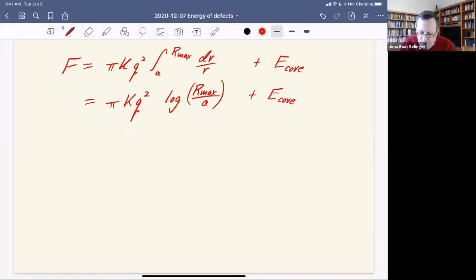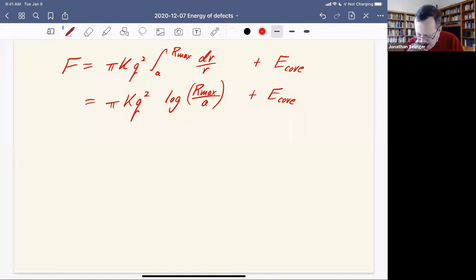So this free energy depends on the whole size of the system. It might seem funny to think that the defect energy, the energy associated with this point, depends on the size of your experiment. But in fact, it's just a logarithmic divergence, and logarithmic divergences are very slow.